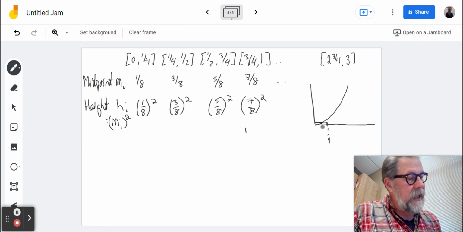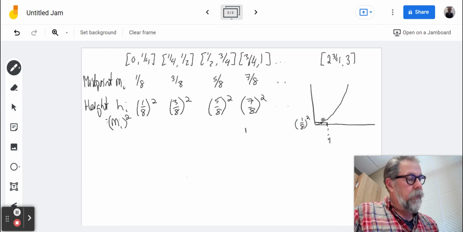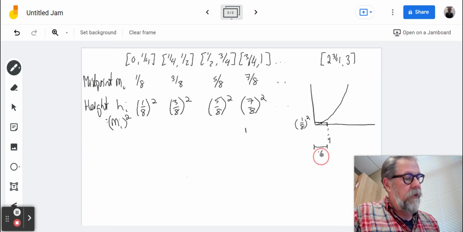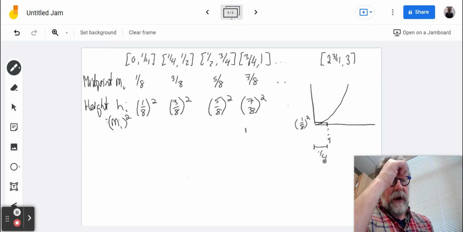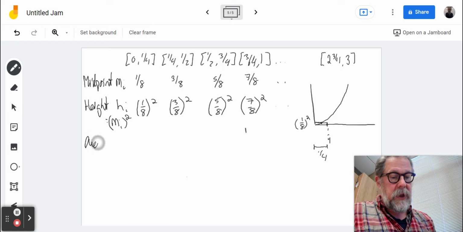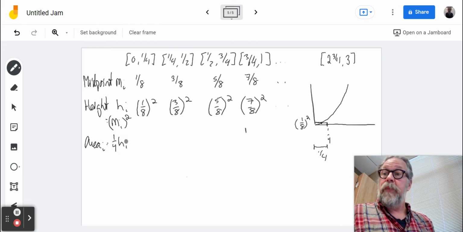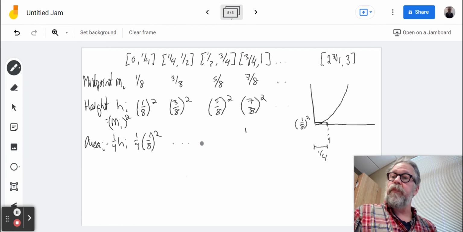It has a height of 1/8 squared, and it has a width of 1/4, which means that the area of this little rectangle, my first rectangle, is 1/4 times that midpoint squared, which is 1/4 times 1/8 squared, and so on.